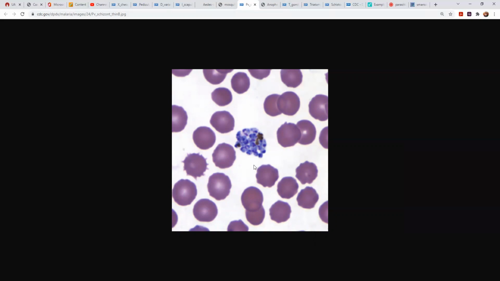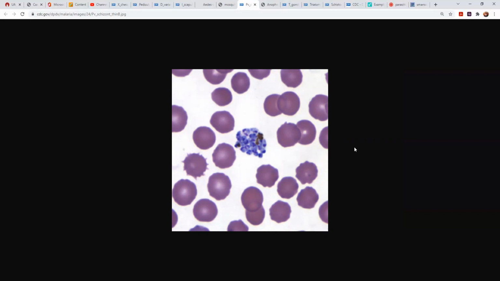These are immature forms, and this is going to rupture, and all of these little pieces that you see in here are going to filter out into the blood and begin to infect other red blood cells. You also see a little piece of pigment, this brown right here.